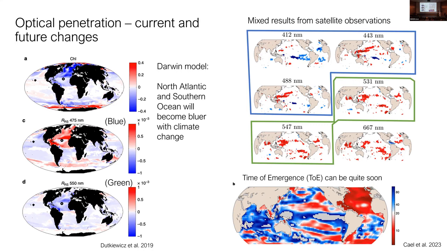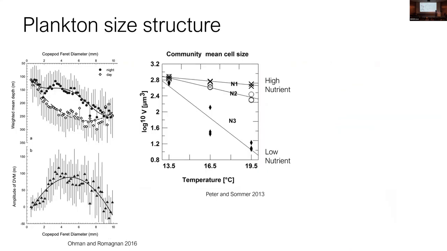Next is working down to plankton size structure. So again, from Ohman and Romagnan, 2016, they showed that both the depth and the amplitude of copepod diel vertical migration is strongly related to size.